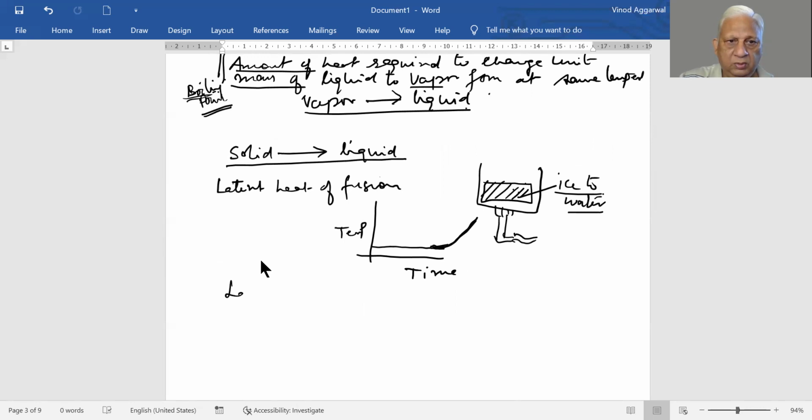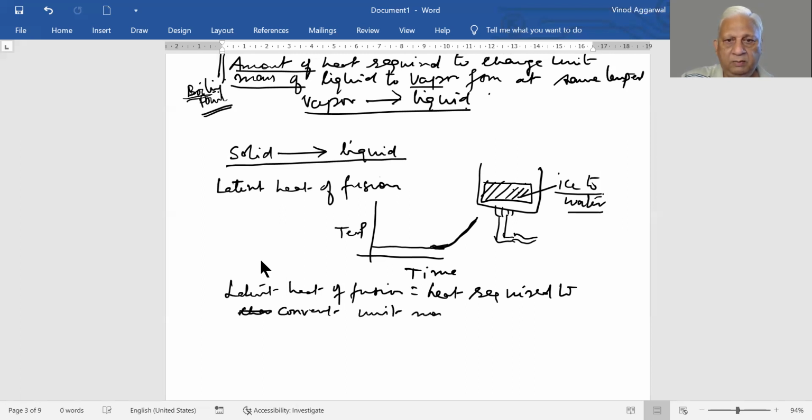So latent heat of fusion is defined as heat required to convert unit mass of solid to liquid form without change in temperature.